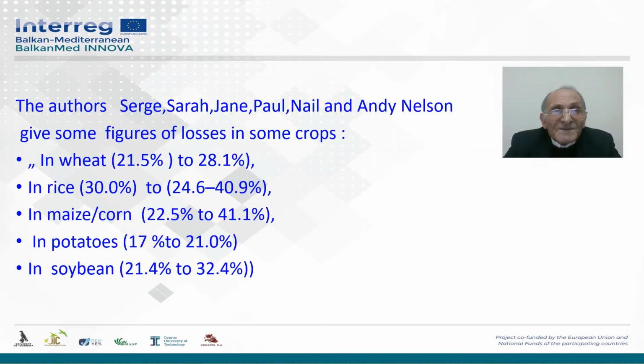The authors Serge, Sarah, Jane, Paul, Niall, and Andy Nelson give some figures of losses in some crops. In wheat, the losses go from 21.5 to 28.1%, and 30% to 40.9%.